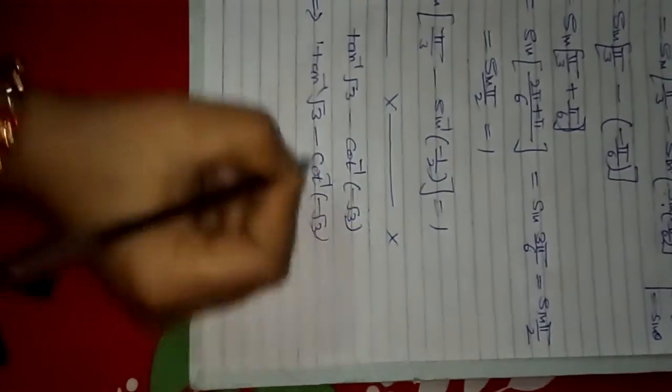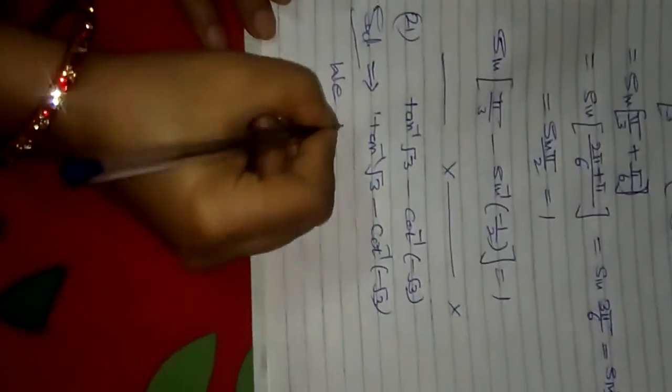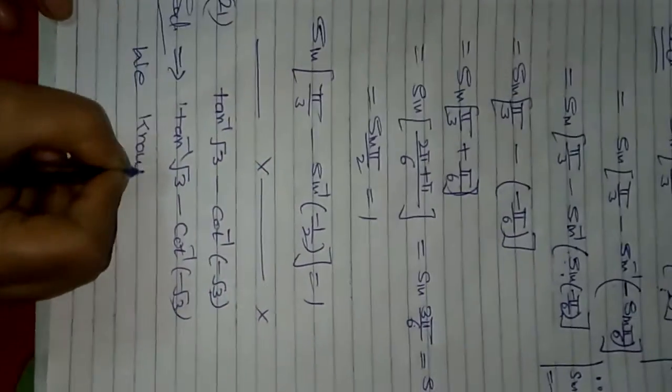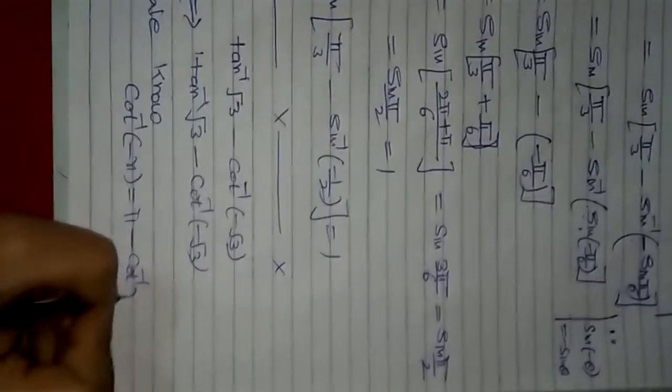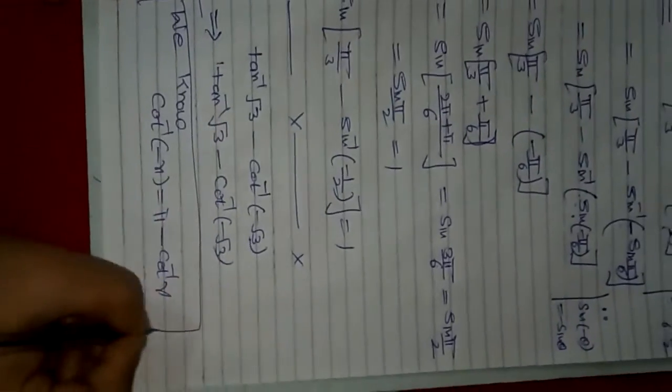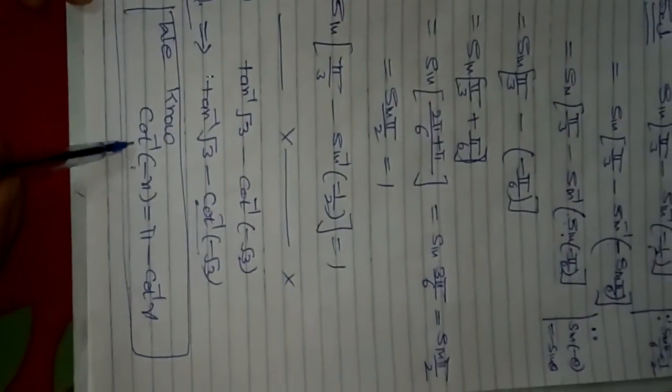This is the given expression. We will use the formula here: cot inverse of minus x equal to pi minus cot inverse x. We will use this identity. So in the place of this we can put cot inverse of minus root 3 equal to pi minus cot inverse root 3.